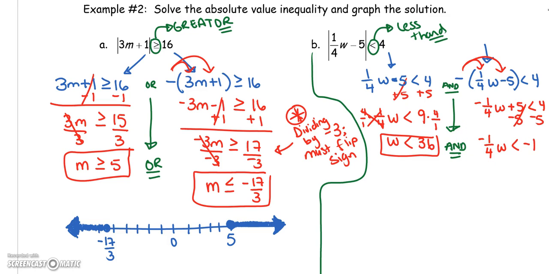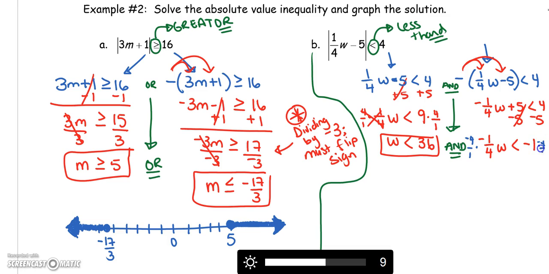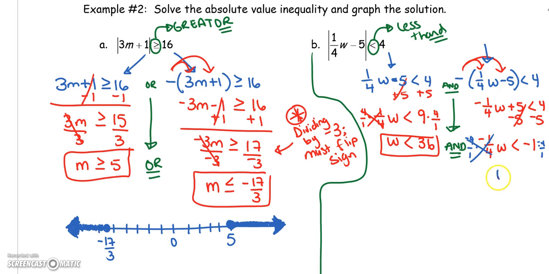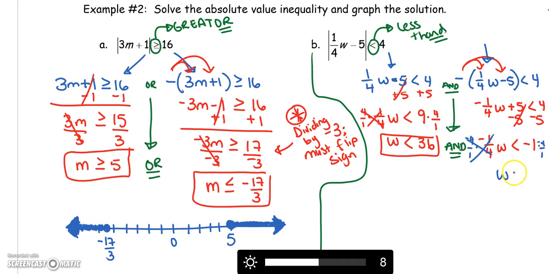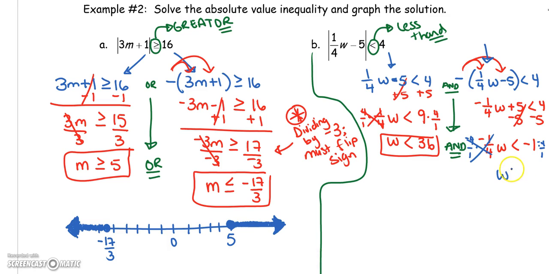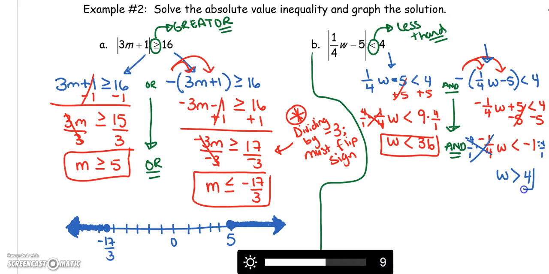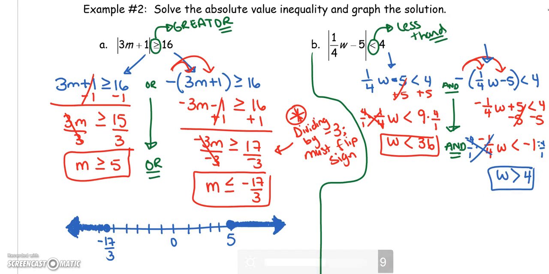Multiply by the reciprocal. Let me just change colors here a little bit. So multiply by negative 4/1. And w is, now I must flip the sign because I just multiplied by a negative value. So I get positive 4. Negative 1 times negative 4 is positive 4. So this is my other solution.